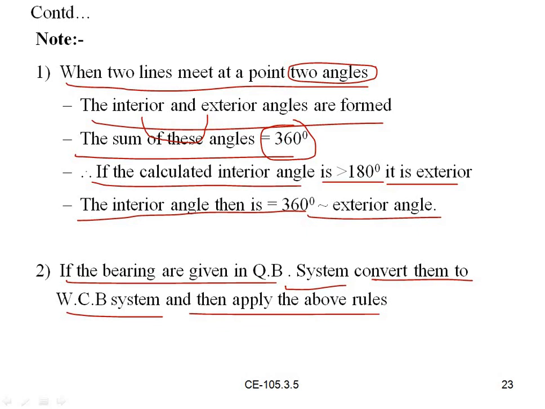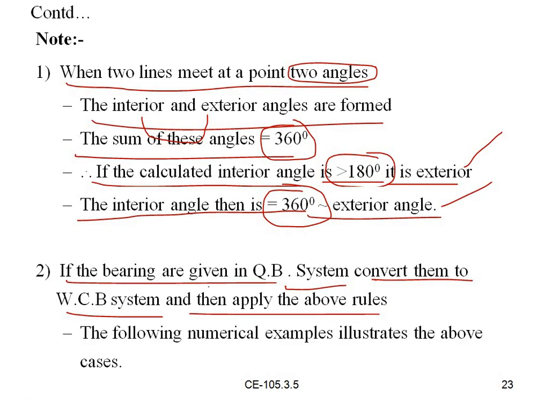If the interior angle is greater than 180 degrees, it is called exterior. So the interior angle is 360 degrees minus the exterior angle. And if the bearing is given in quadrantal bearing system, we will convert it into the whole circle bearing system.